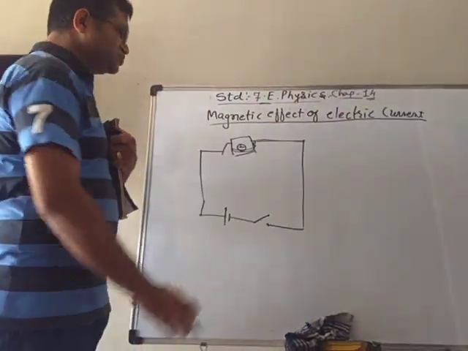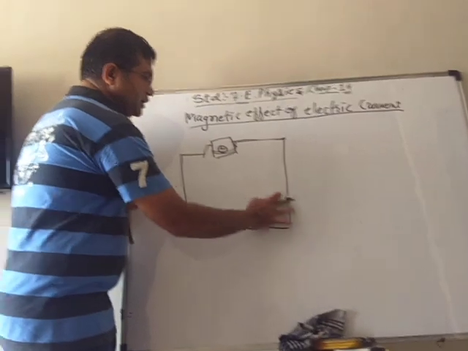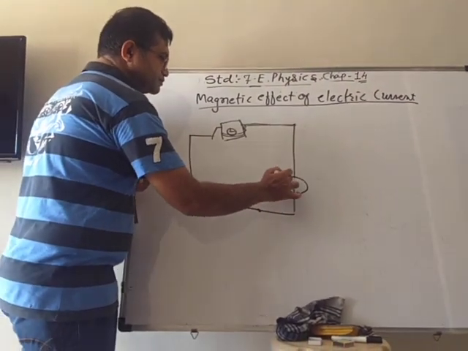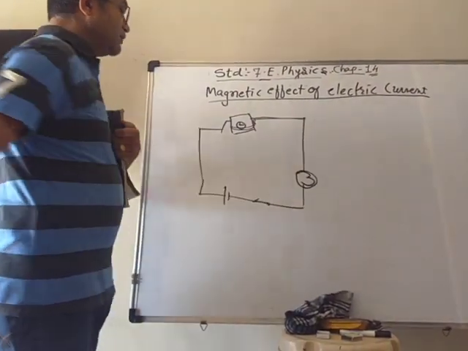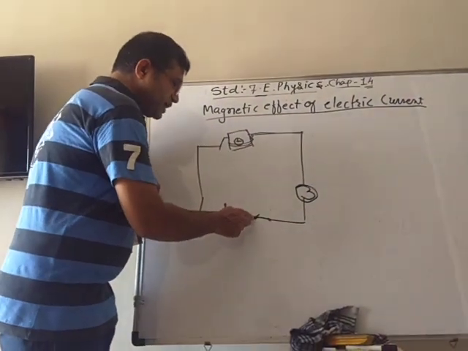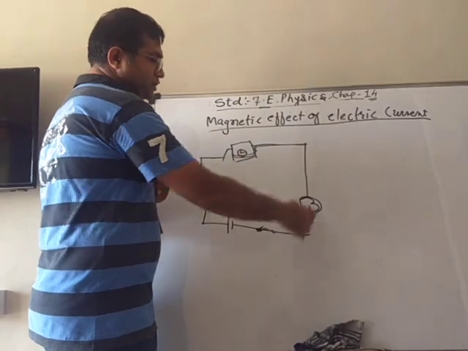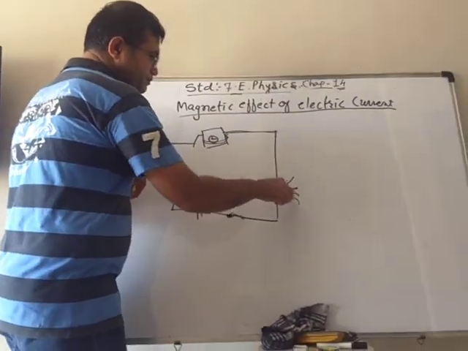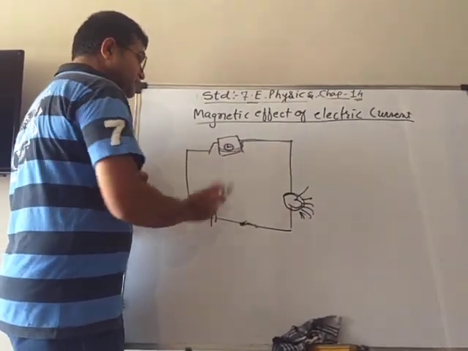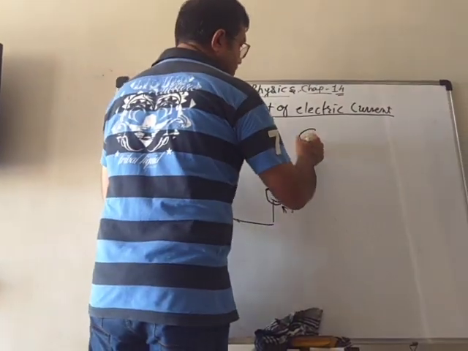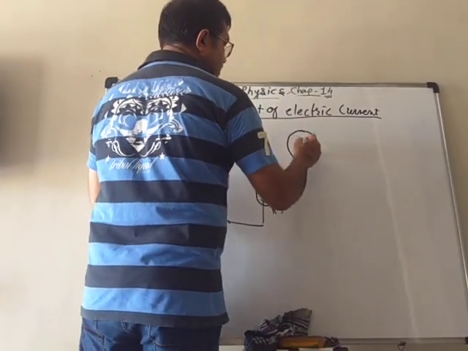Now as soon as you switch on, electric current will pass through it, and the bulb will glow. And at that time, if you see the magnetic needle, it will be like that.